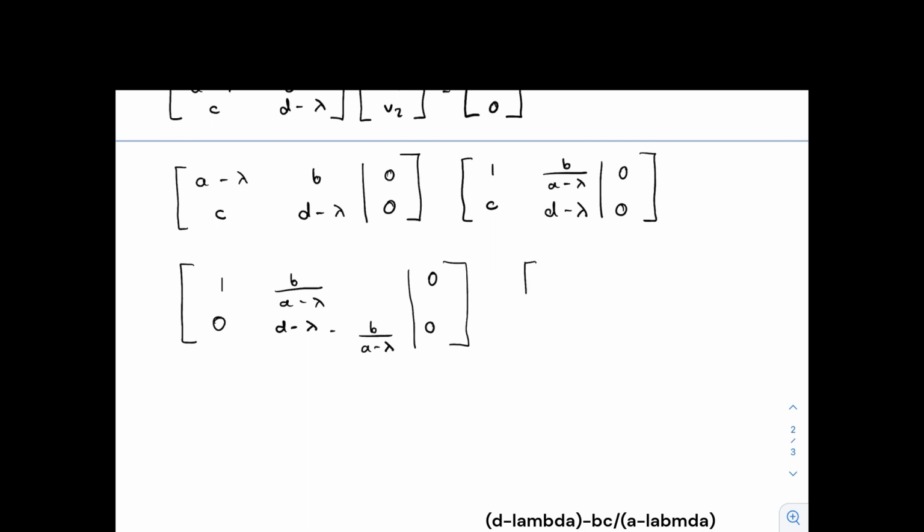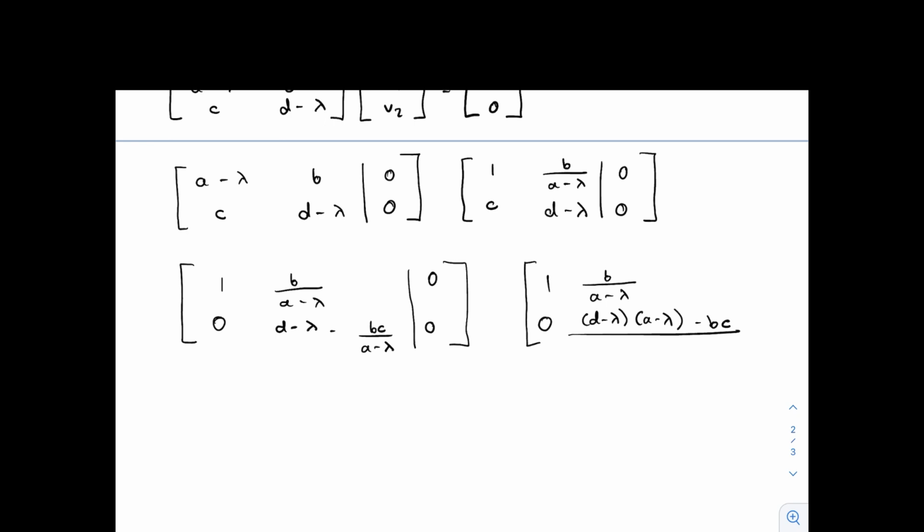By creating a common denominator in the bottom right entry, we get to here. I just noticed that I forgot to write out the multiplication by C on the B over A minus lambda term.